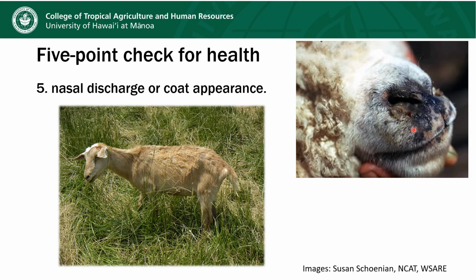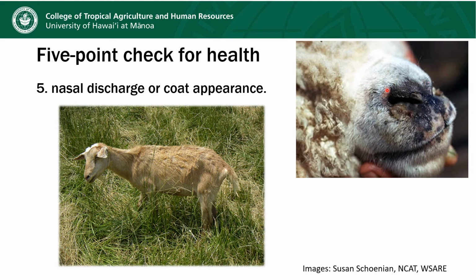The last part of the 5-point check is to examine the animal's coat and nose for any parasites such as lice or nasal bots. So the lice are things you might be able to see. You'll have to get your hands on the animal and actually part the hairs to look for the lice themselves, or perhaps the nits that might be attached to the hairs.